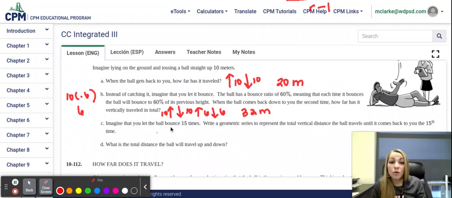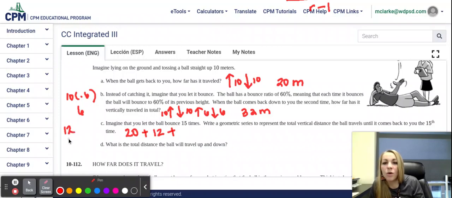The first 2 values we already have. That's 20 plus, we have our 12 plus. Now I need to figure out what that third one is. If I take what I had previously, which is the 12, and multiply it by 0.6, I'm going to get 7.2.